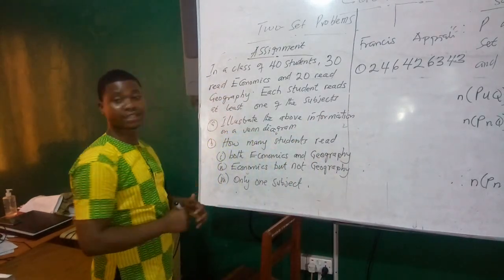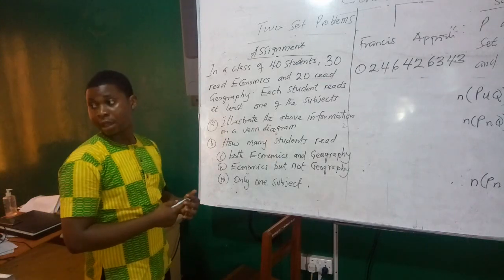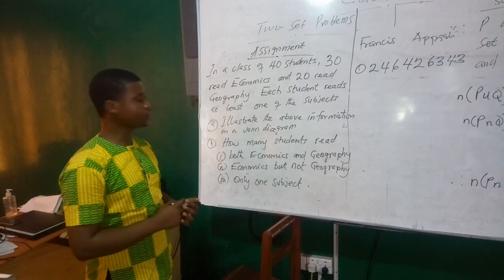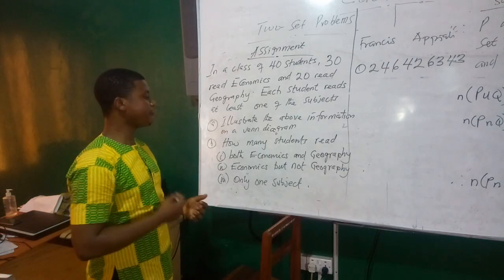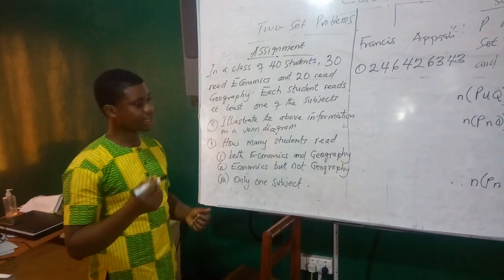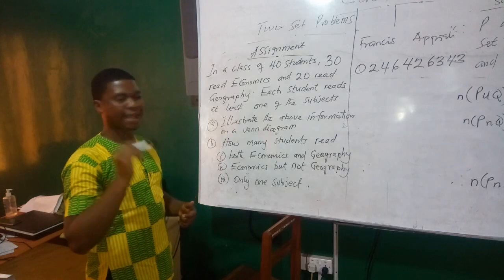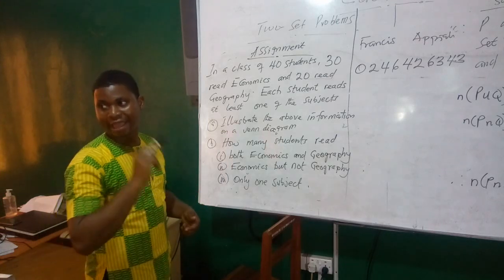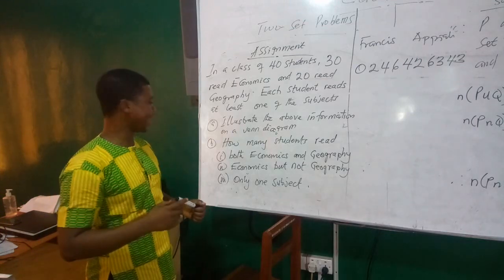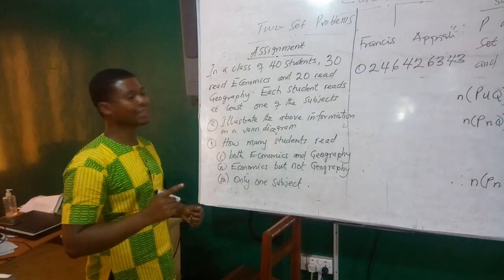B. How many students read: i. both economics and geography? ii. Economics but not geography? iii. Only one subject?